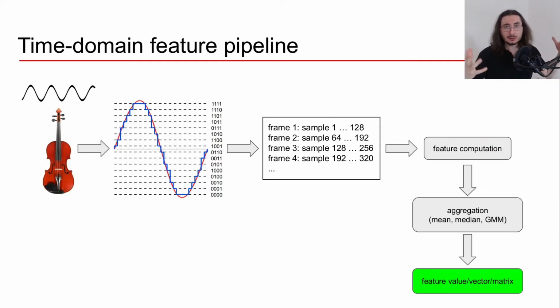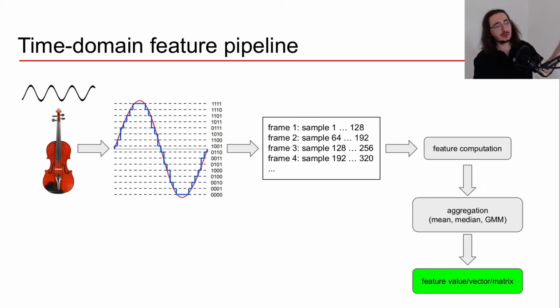It could be a feature value, a feature vector, or even a feature matrix. And this basically is a snapshot for the whole duration of the audio signal that we are analyzing. Okay, so this is the extraction pipeline for time domain features.